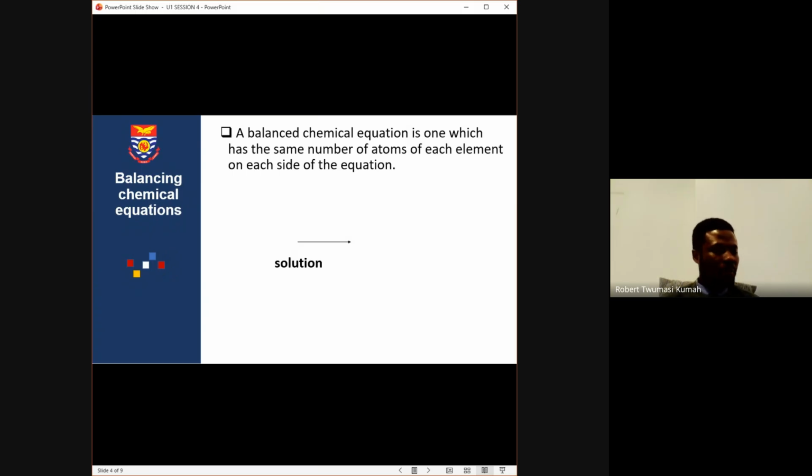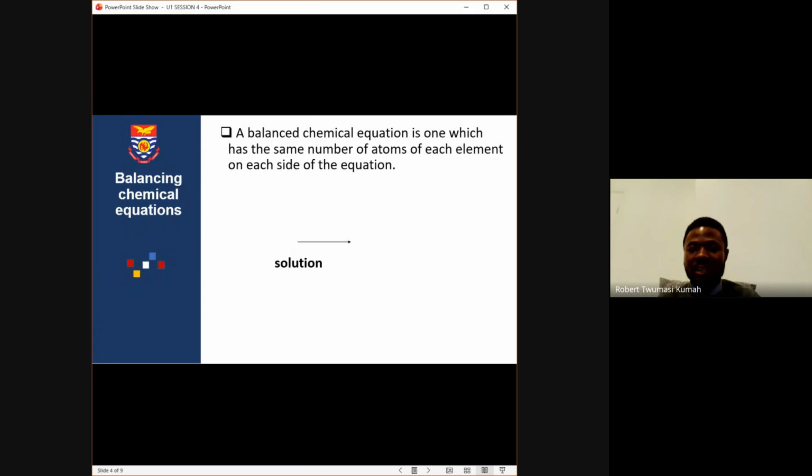Now, one benefit of balancing an equation is it tells you whether you've written the correct equation or not. If it's a bad equation, a potentially hazardous equation, or an equation that can burn your lab, you will not be able to balance it. As you try to put 2 somewhere, you need to put 8 at another part.